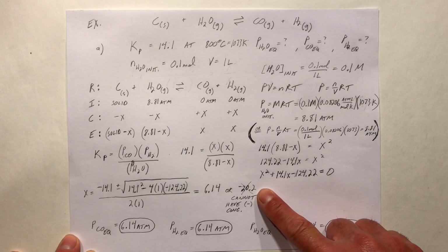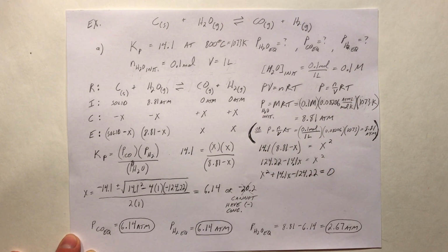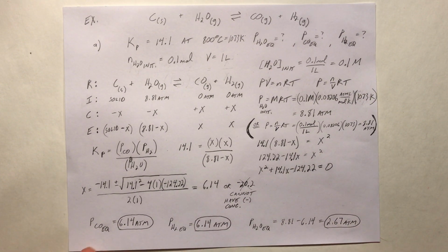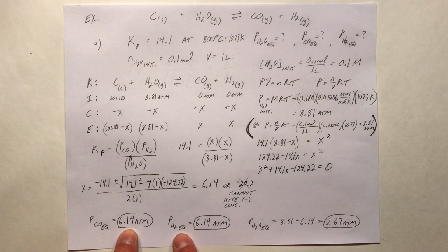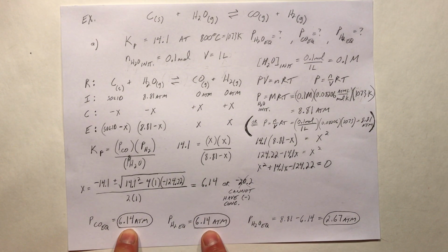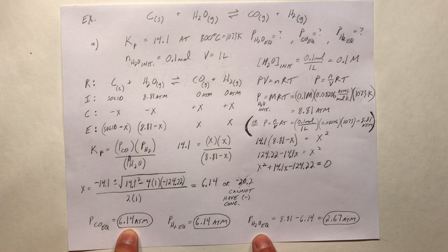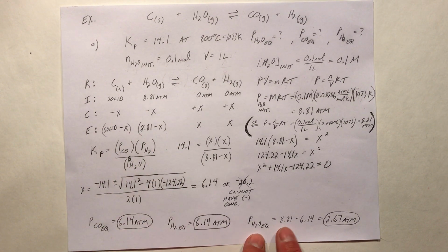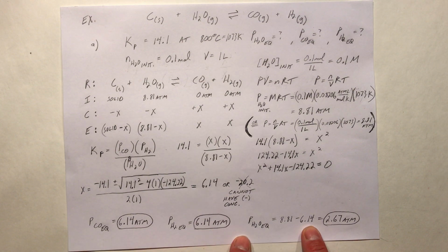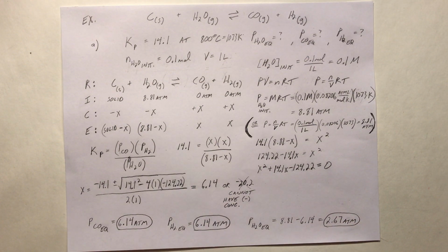Well, it can't be a negative number. You can't have negative concentrations. So x equals 6.14. So at equilibrium, the pressure of the CO is 6.14 atmospheres. The pressure of the H2 is 6.14 atmospheres. And the pressure at equilibrium for H2O is 8.81 minus x, 8.81 minus 6.14, or 2.67 atmospheres.